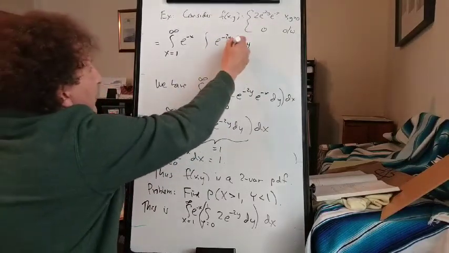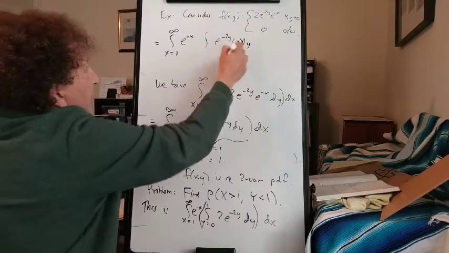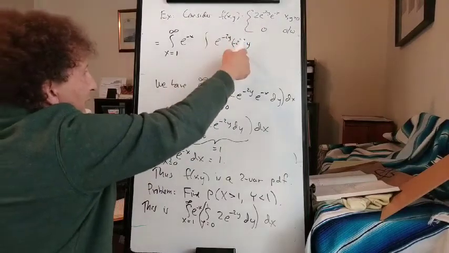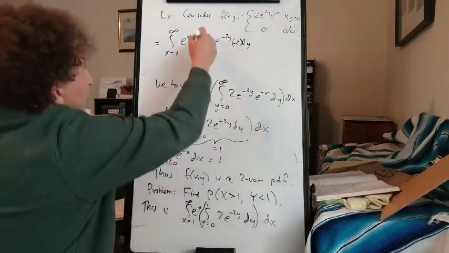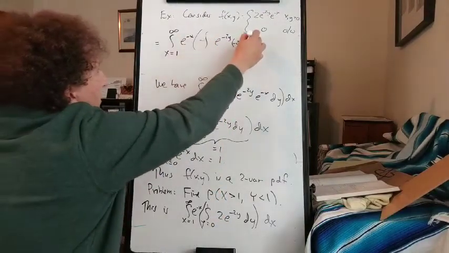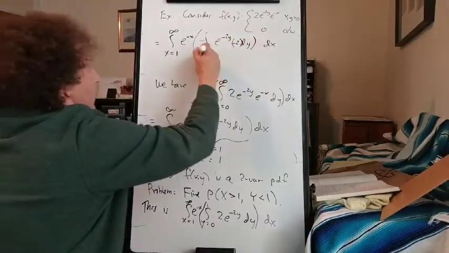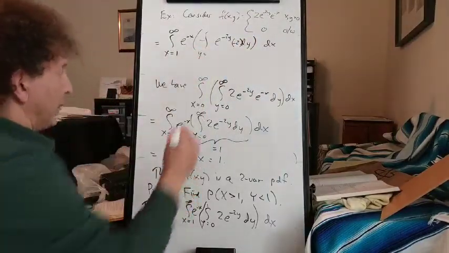I kind of wish this was a negative 2 dy, so it would be e to the something d something. There is a 2 here, but I'm lying if I say minus, so let me put minus on the outside. y is going from 0 to 1.